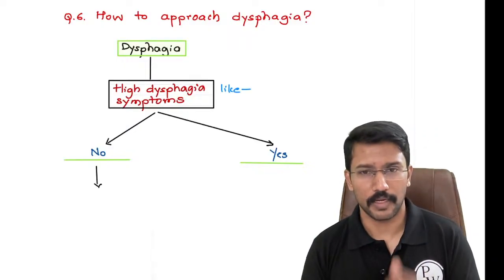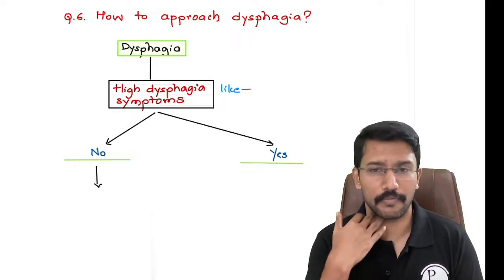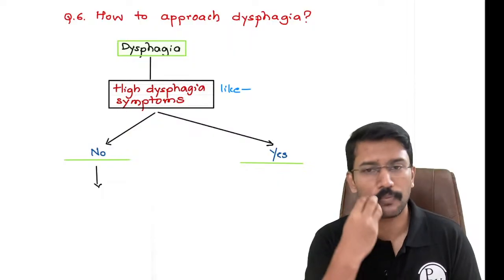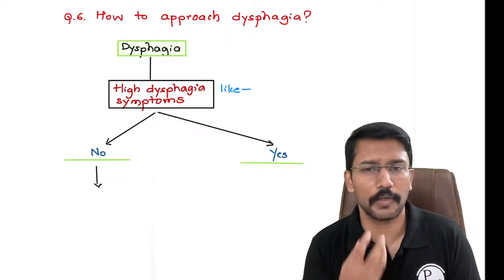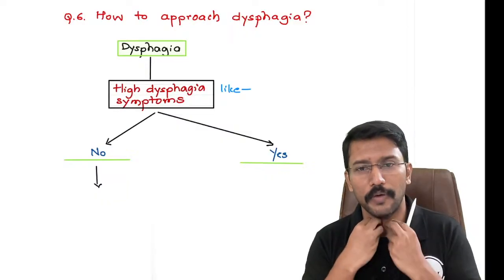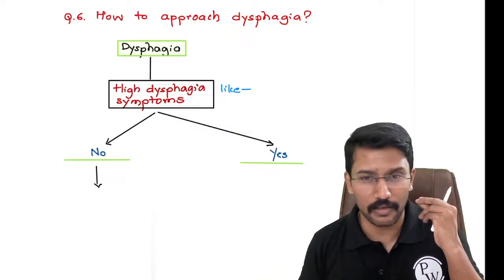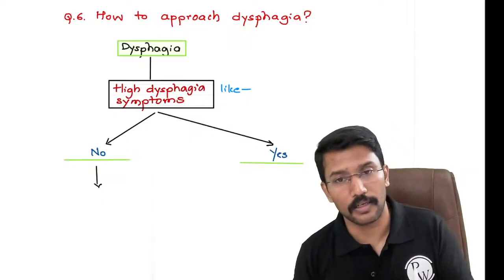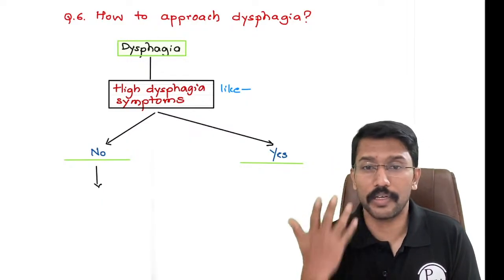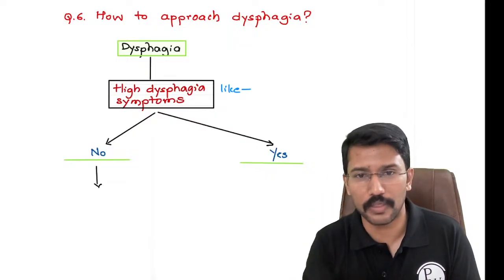The first one, if I have, let me say, bulbar or pseudobulbar palsy, I have 9th, 10th cranial nerve palsy, 12th cranial nerve palsy, so I take the food into my mouth, somehow with difficulty I push it into the pharynx, but from the pharynx I will have difficulty transferring it to the esophagus, because for that I need efficient working of the 9th, 10th cranial nerve. If that doesn't happen, what is the fate of this food? Where will it go? It will mostly regurgitate back from the nose.